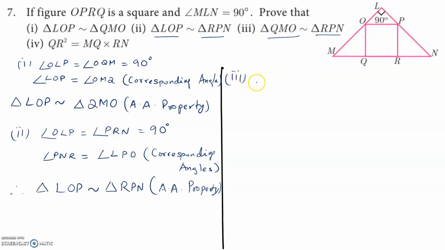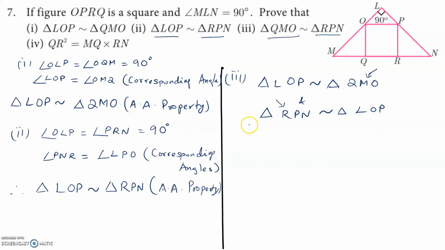So triangle LOP is similar to triangle QMO, and triangle RPN is similar to triangle LOP. Therefore, triangle QMO is similar to triangle RPN.